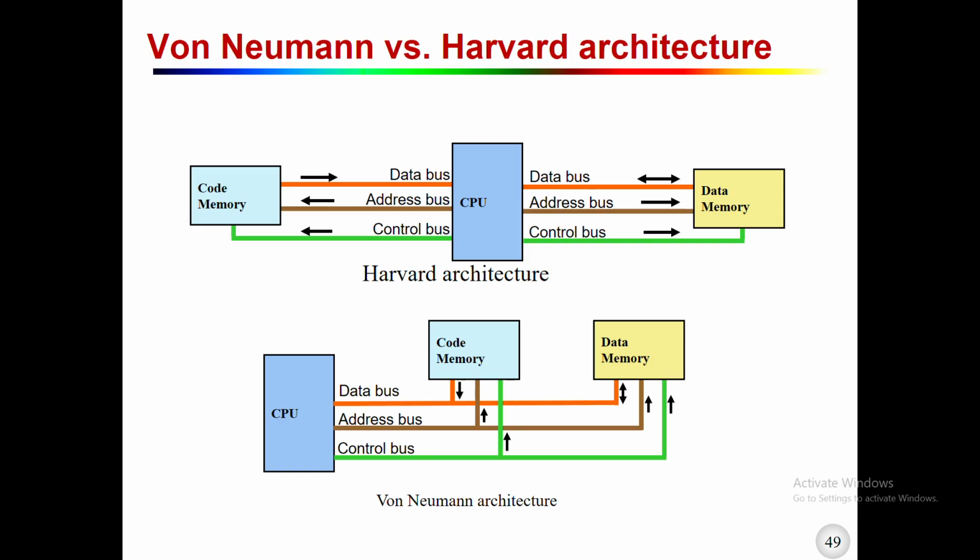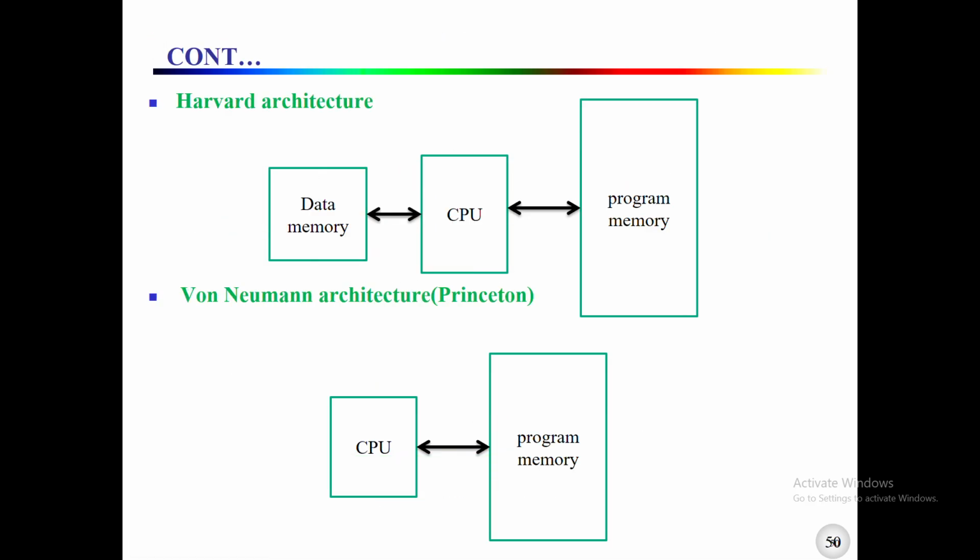Because of this, their clock cycles are different, as well as the complexity. Here in the Harvard architecture the complexity is visible, while in von Neumann it is a simple design.